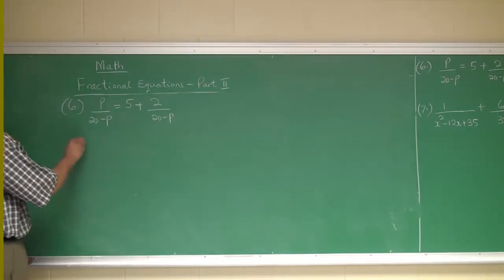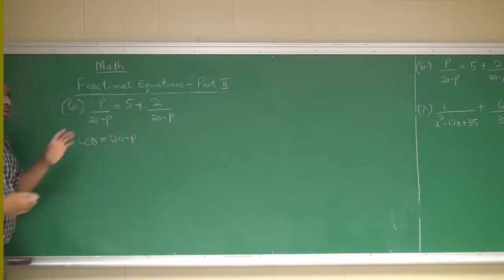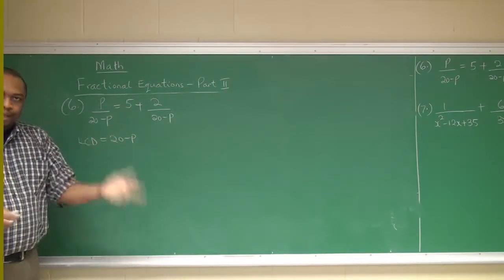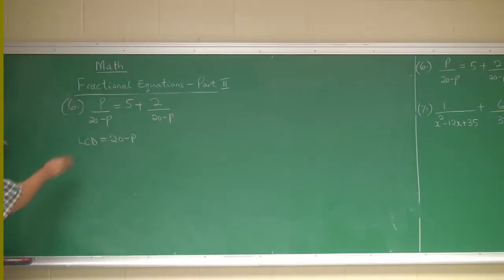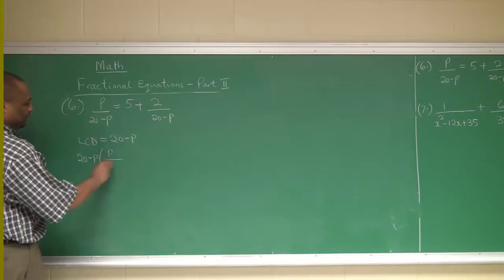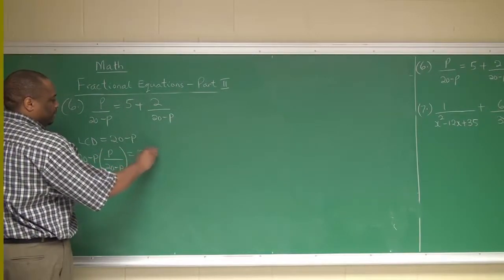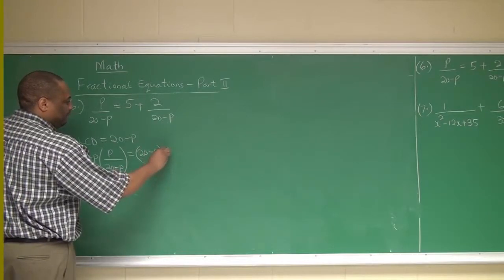So what is the LCD? LCD is what? 20 minus P. So we multiply all terms by 20 minus P. So we have 20 minus P times P over 20 minus P equal to 20 minus P times 5.